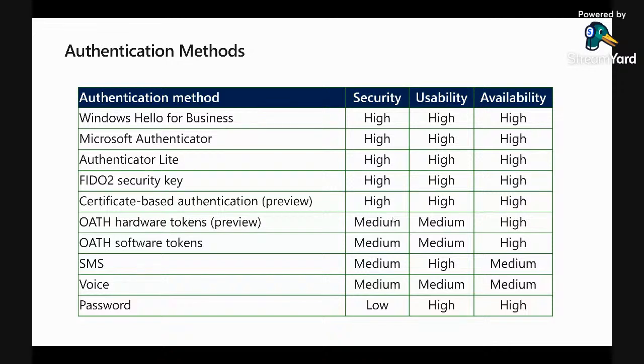You have FIDO, which is a USB key, which is also strong. You use FIDO for devices, and Windows Hello for devices. Your Microsoft Authenticator and Authenticator Lite can be used for applications on mobile devices and web-based applications. You could also use certificate-based authentication, OATH keys or OATH hardware tokens, SMS, voice, and password.